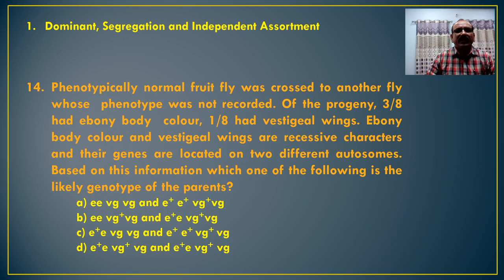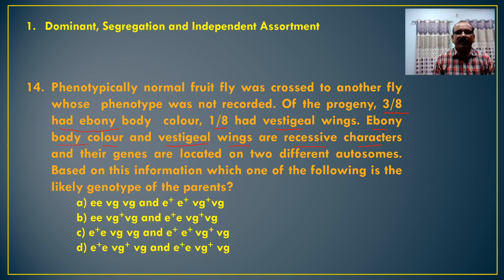Here the phenotypically normal fruit fly was crossed to another fly whose phenotype was not recorded. Of the progeny, 3/8 had an ebony body and 1/8 had the vestigial wings. The ebony body color and the vestigial wings are recessive characters, meaning these 2 characters are recessive.